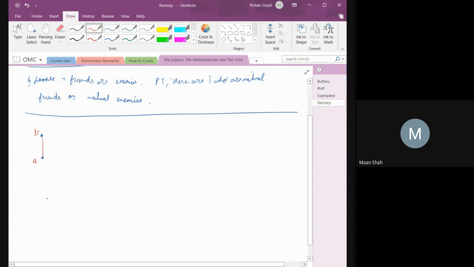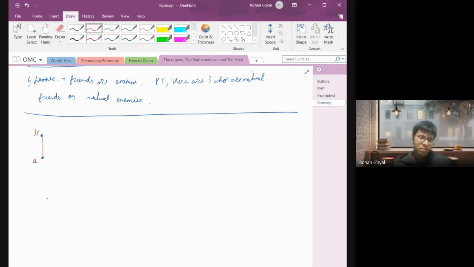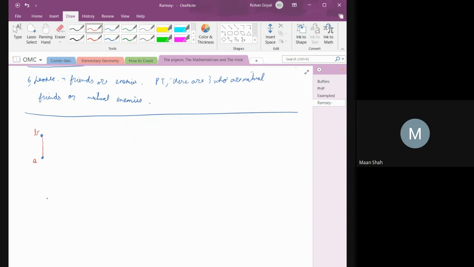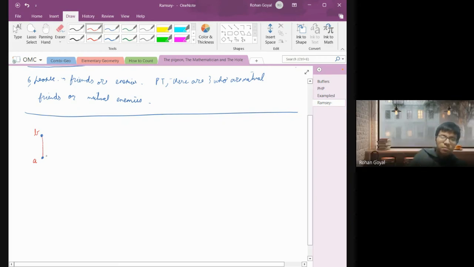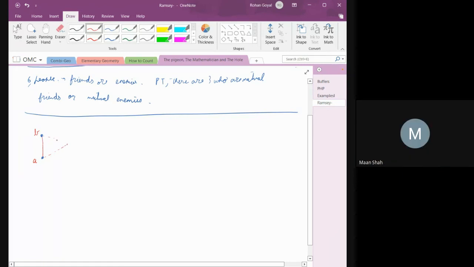A is an enemy with B, but A could be a friend or enemy with any of the 4. So if A is an enemy with any of them, then we are done, that 3 are mutual enemies. No. You also need B to be an enemy of that person if you are finding another person.